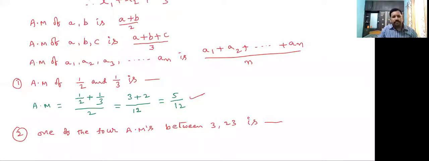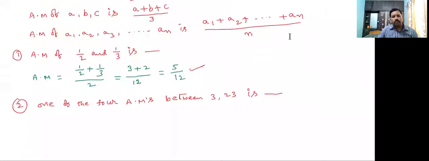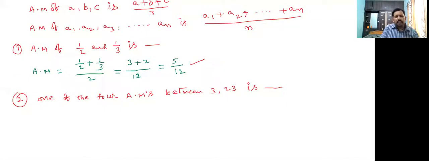So here we need to find one of the 4 arithmetic means between 3 and 23. So here I am writing 3, x1, x2, x3, x4, 23.